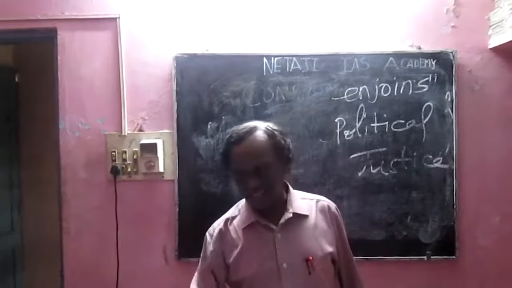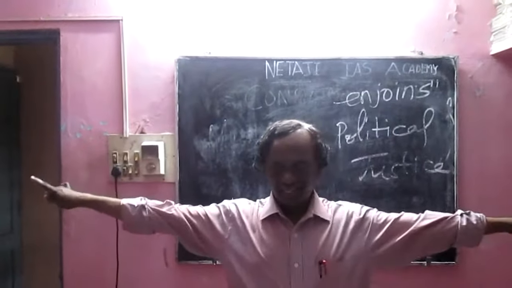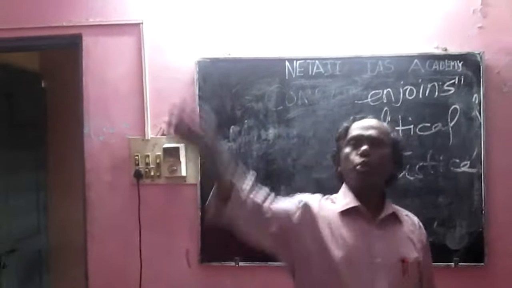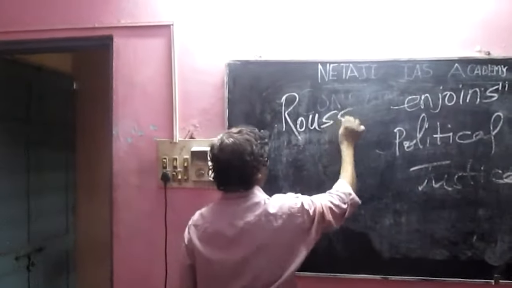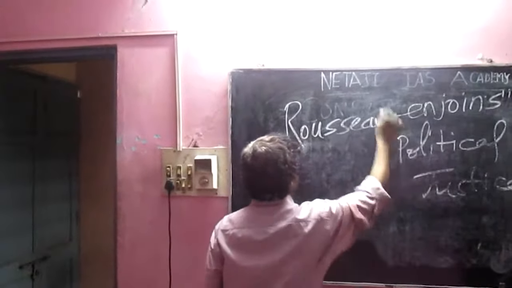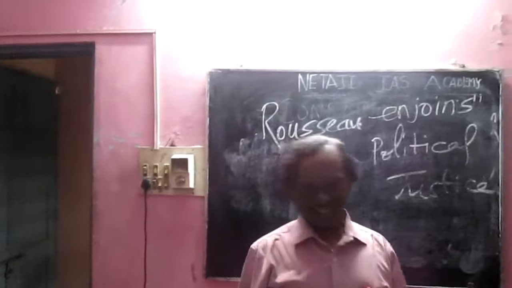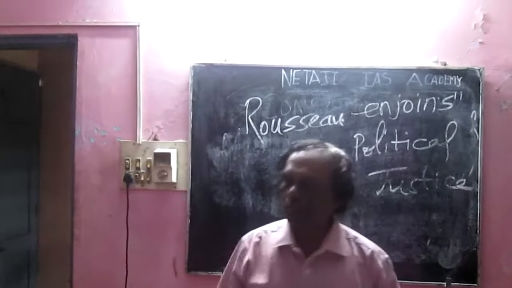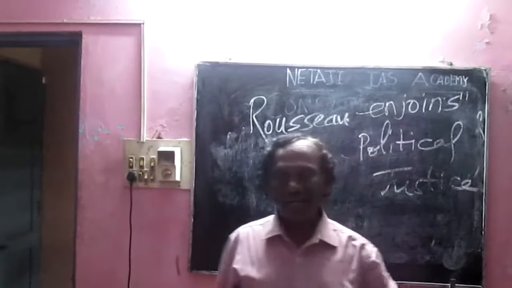This slogan is taken from the French Revolution. This slogan was given by Rousseau, father of French Revolution. The Indian Constitution is given by the people of India to the people of India.